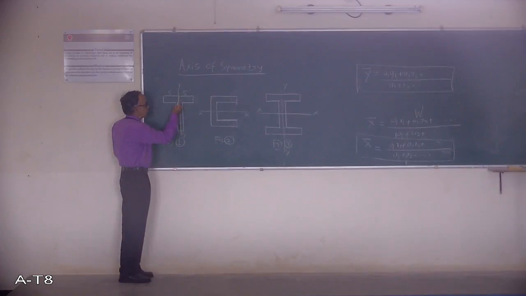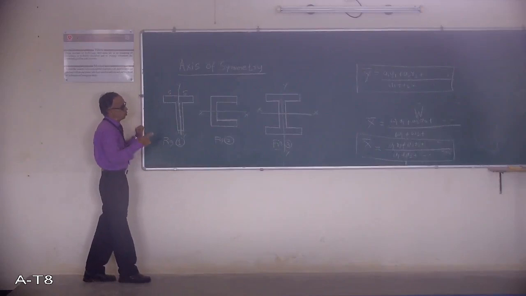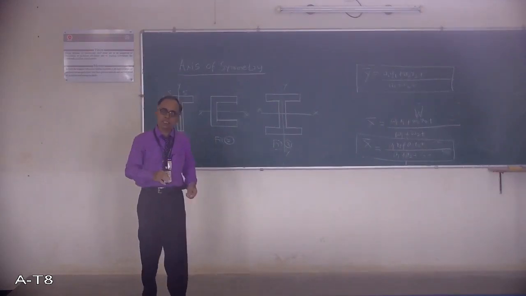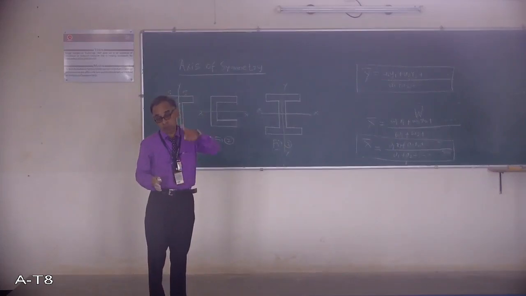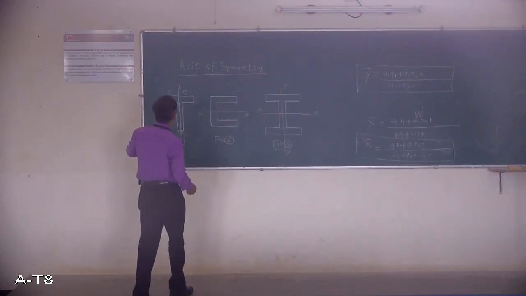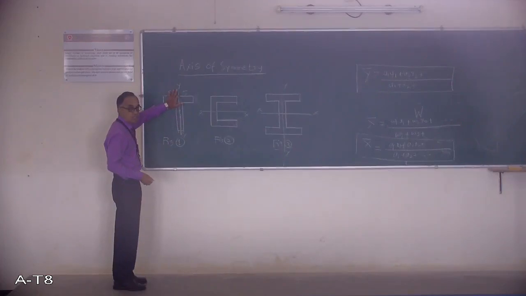That means the centroid may come here, may come here, may come here, but it will not come here, here, here. This is a very important point, because there is a small derivation of how the centroid is going to lie on the symmetry axis, but the derivation is not important. What you must remember is where the centroid lies. This is how axial symmetry plays an important role. Then this is symmetrical about the y-axis, so the centroid is going to lie on this axis.